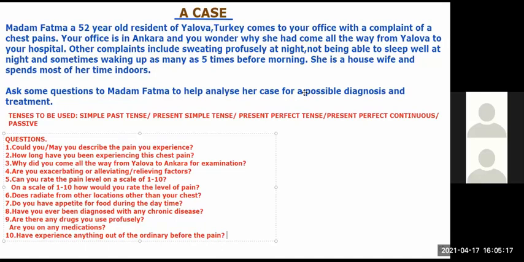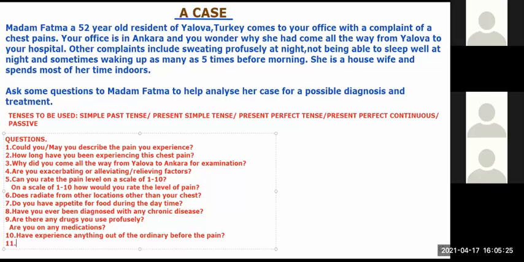Hussein, any question we could add to this list? Yeah, I have. Firstly, we can ask the patient, are you smoking? Okay, so "are you smoking" is a very general statement used mainly when we are talking about what? The present continuous tense.